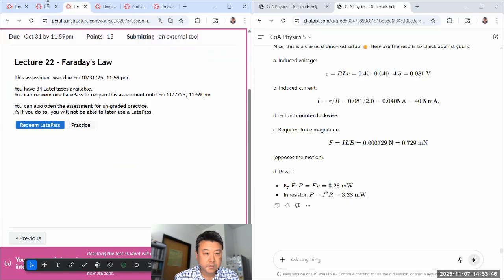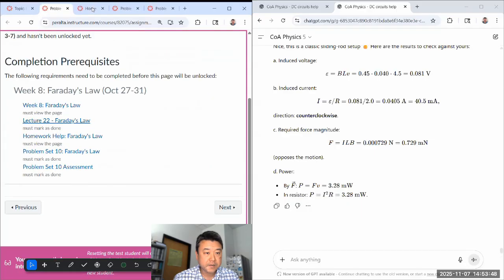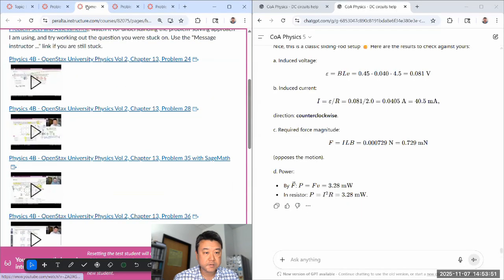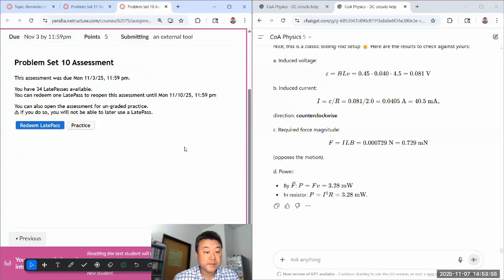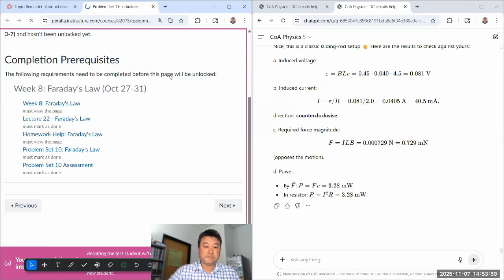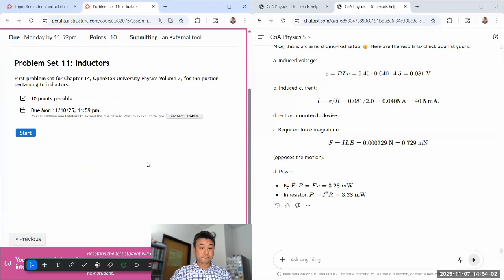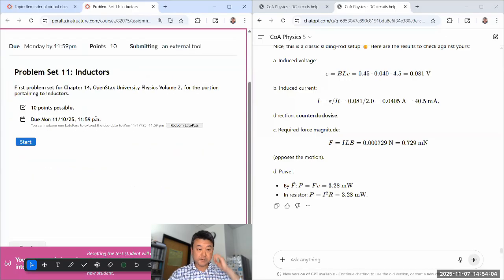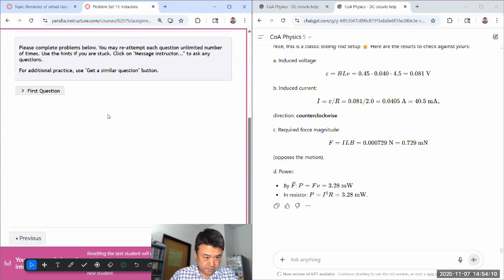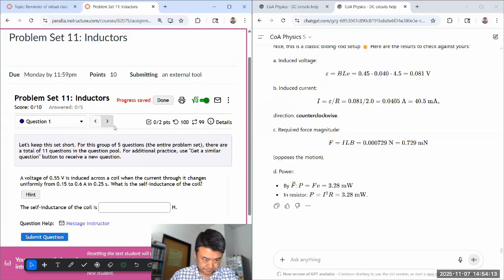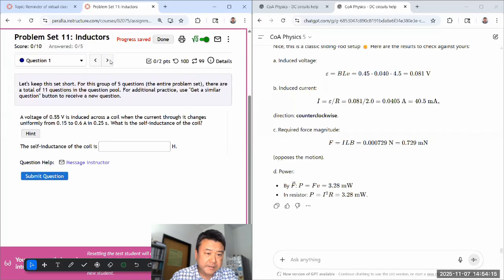So mark this one as done, and I already viewed this page, but let me mark this one as done and this one as done. Okay. Yeah, inductors. Good. So let me pick a substantial question here. Wait, I must have misclicked the backward button.